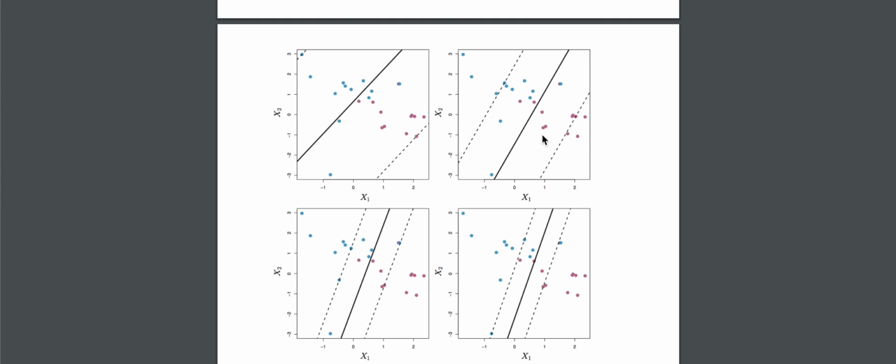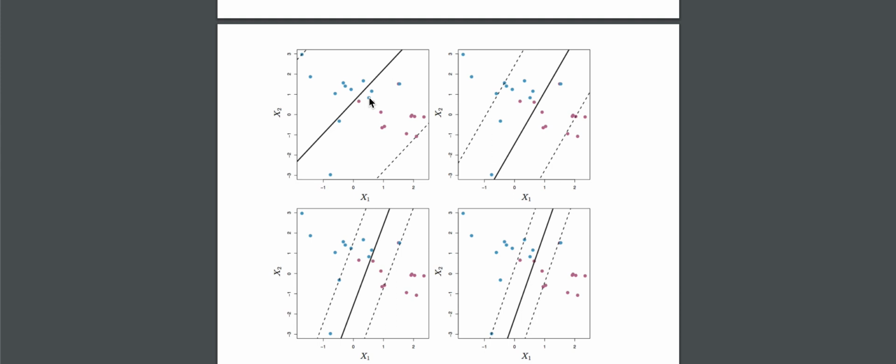When C is large, there is a high tolerance for observations being on the wrong side of the margin, and so the margin will be large. You see, all these red points are on the wrong side of the margin. All these blue points here are on the wrong side of the margin. These blue points are not only on the wrong side of the margin, but also on the wrong side of the hyperplane.